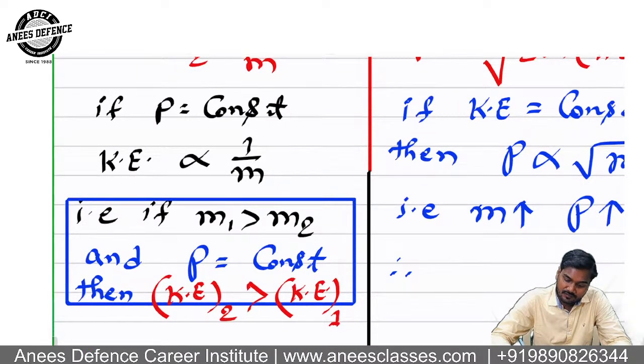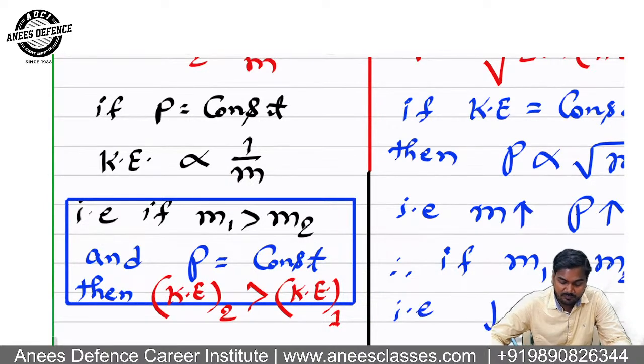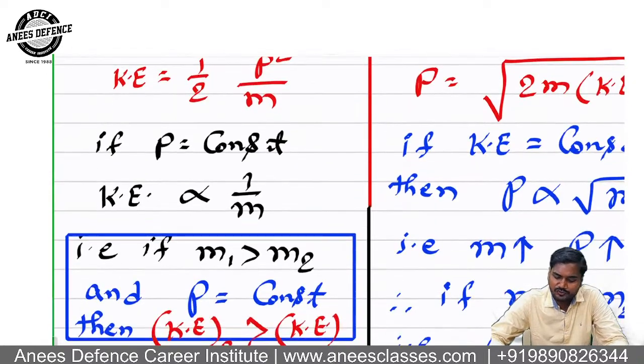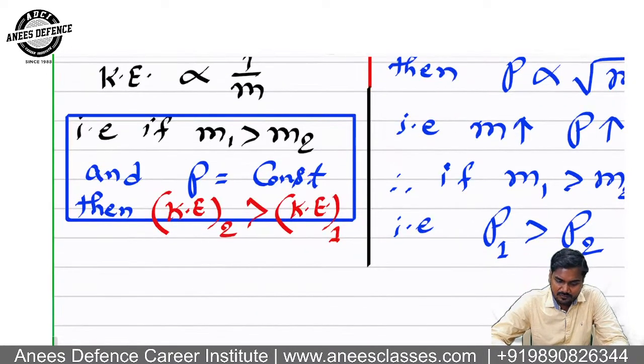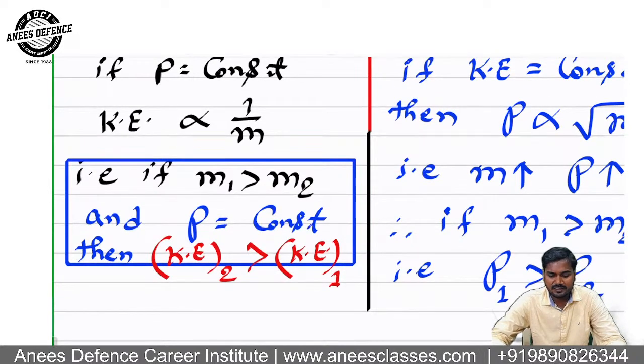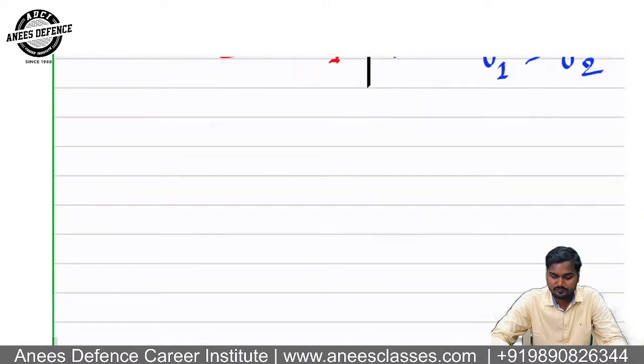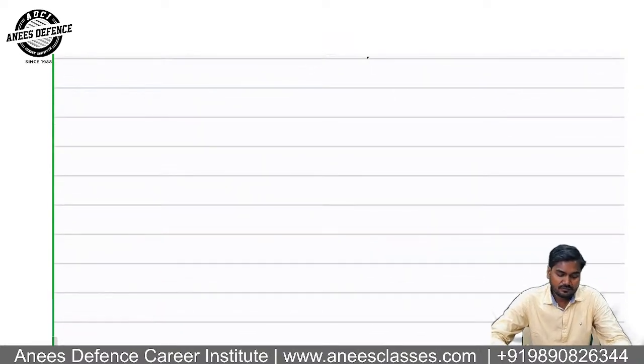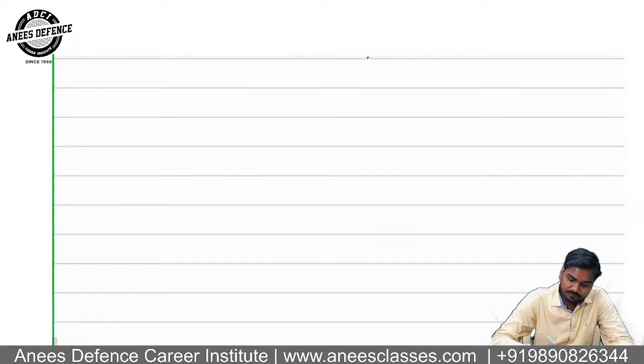Hence, if m1 is greater than m2, then momentum of first is greater than momentum of second. From here, four possibilities of questions are formed, and we can answer directly without solving. Next, work energy theorem.